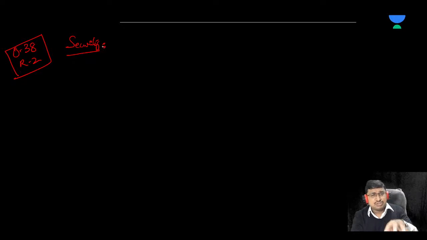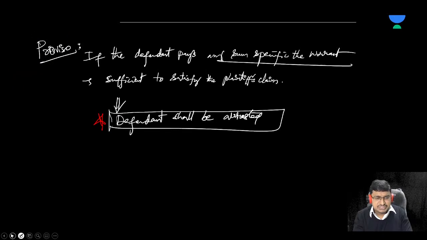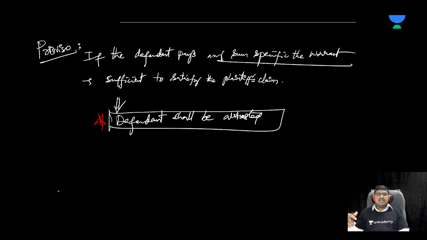If the defendant is not in a position to deposit this amount, which is sufficient to satisfy the plaintiff's claim, then what is the remedy available to him in order to avoid the arrest from the honorable court? What is the other alternative? The other alternative is security or surety, friends.